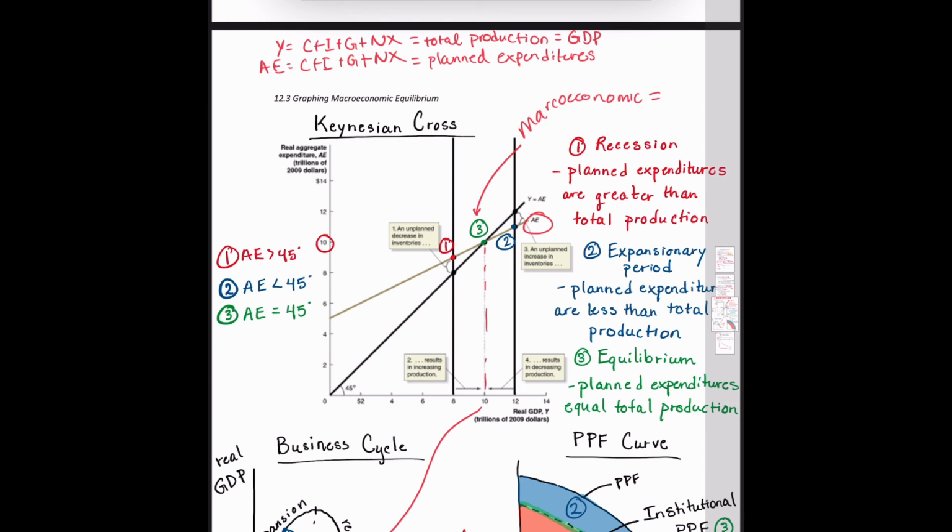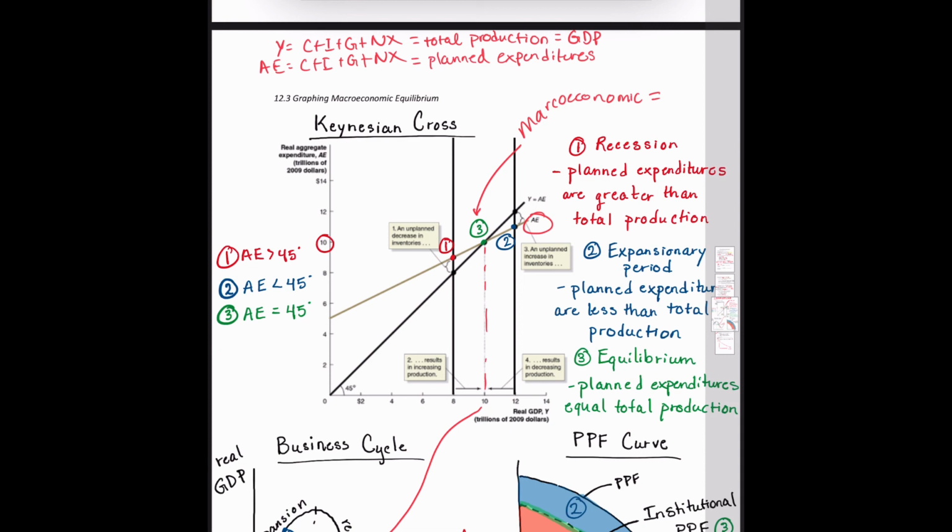If we are in an expansionary period where planned expenditures are less than total production, production's booming, everything's going great, we need to pull back and rein in production so we don't overheat the economy. And we'll be talking about this when we talk about monetary and fiscal policy a little bit.